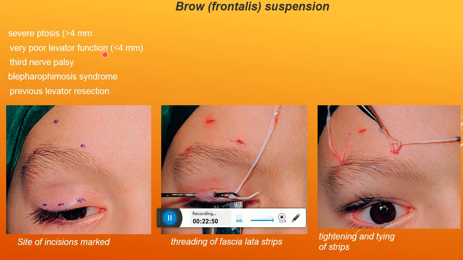The indications include ptosis associated with third nerve palsy and blepharophimosis syndrome, and following unsatisfactory results from previous levator resection. The tarsal plate is suspended from the frontalis muscle. Here you can see the tarsal plate is suspended from the frontalis muscle with a sling consisting of autologous fascia lata or non-absorbable material such as Prolene or silicone.